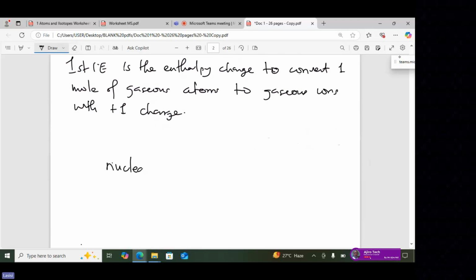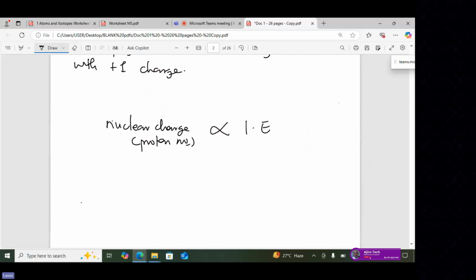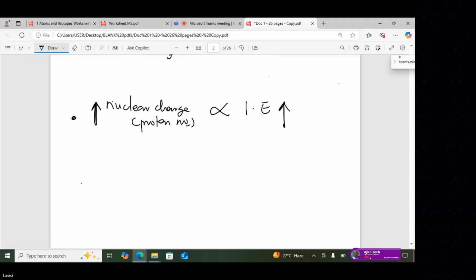Nuclear charge or proton number is proportional to IE: the higher this, the higher the IE. Distance is inversely proportional: this is increasing, that is decreasing.